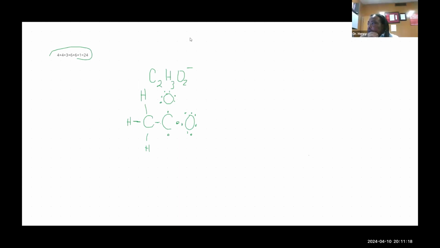Okay, so we have an electron up here. We have an electron down here. So where are we going to move our electrons so that we can reach our octet? So right now we have this one right here. So that would form a bond, potentially. These two over here.